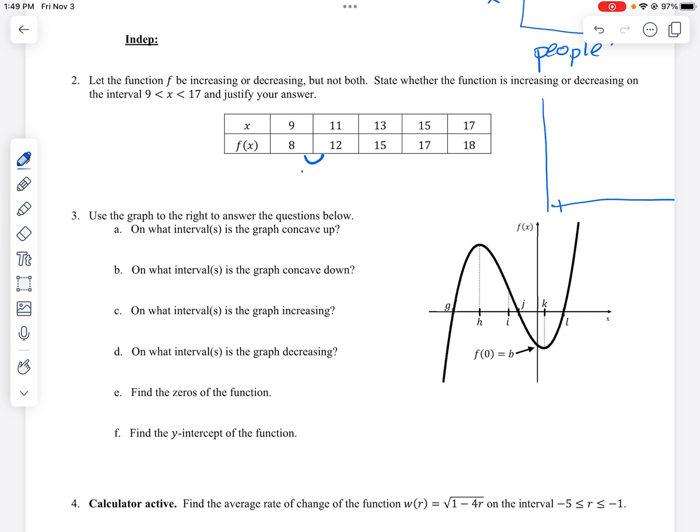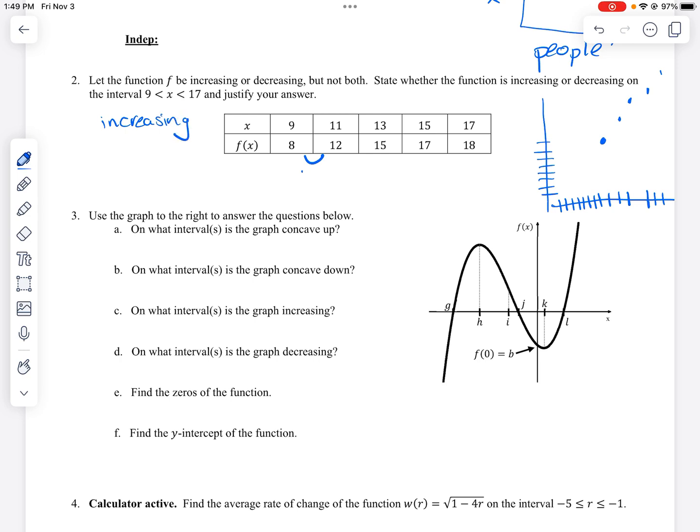So if we were to graph this, 9 goes with 8, 11 goes with 12, 13 goes with 15, 15, 17, and 17, 18. So it would be increasing, and you could say it's going up.